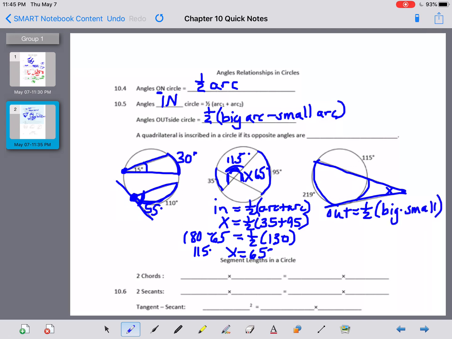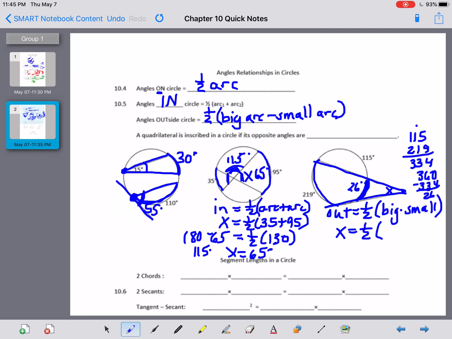Okay, I have one issue. I don't know this small one, but I do know a circle is 360 degrees. So if I add 115 and 219 together, I get 334. I subtract that from 360, and I get 26. So this little arc in here is 26. Now for my outside angle, I can do 1/2.